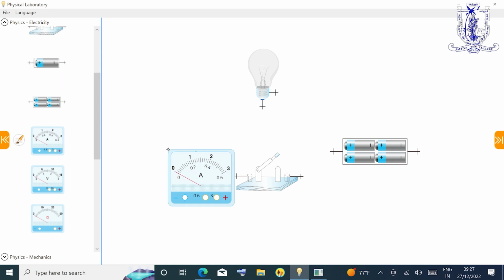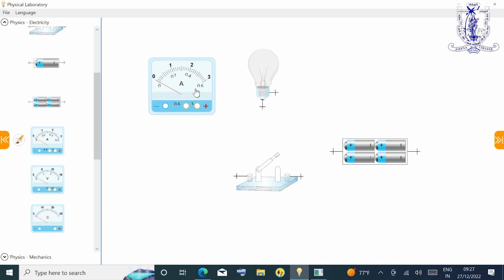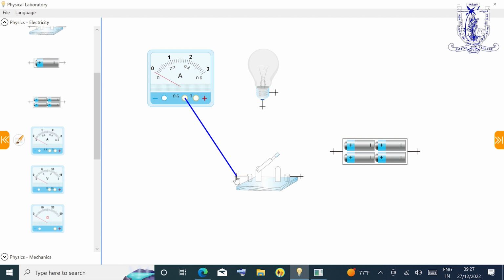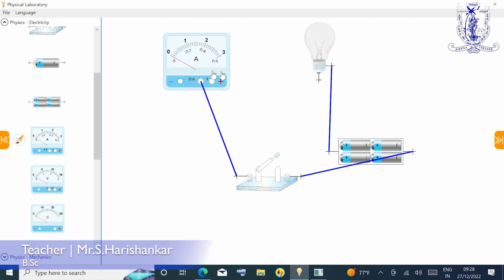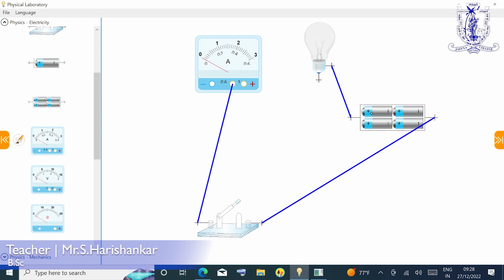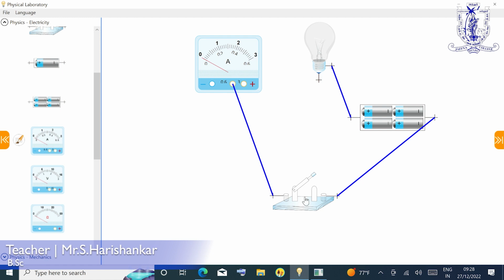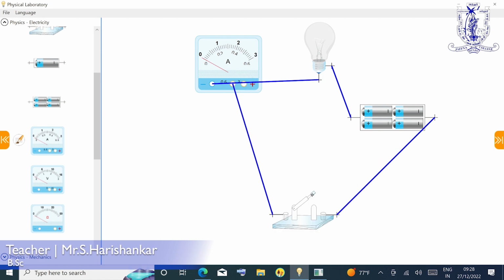Ammeter. A simple circuit diagram shows how this bulb works. With the switch closed, the bulb lights up, and there is also an ammeter reading.